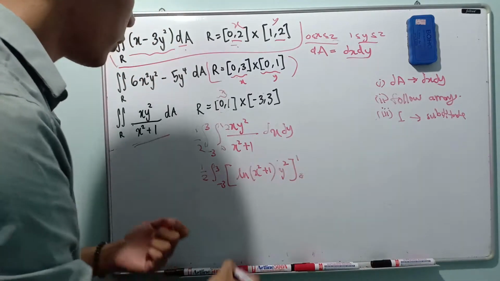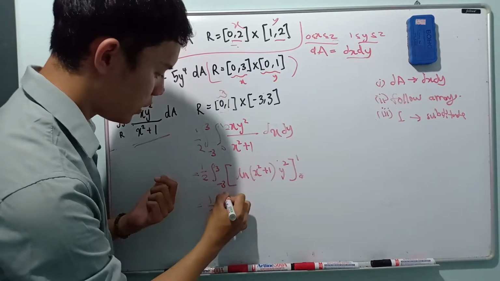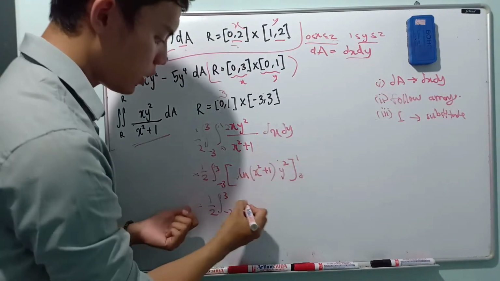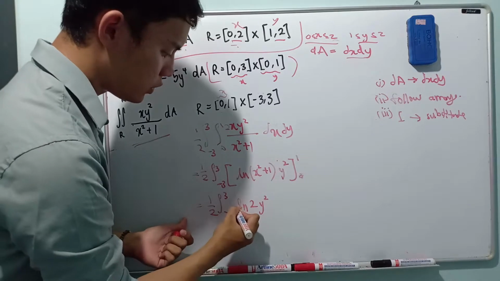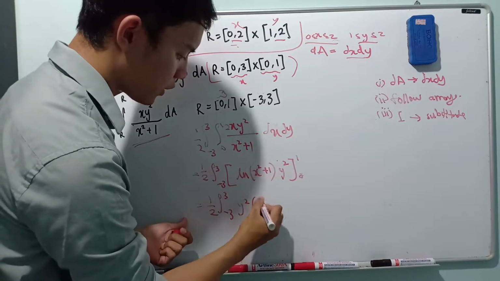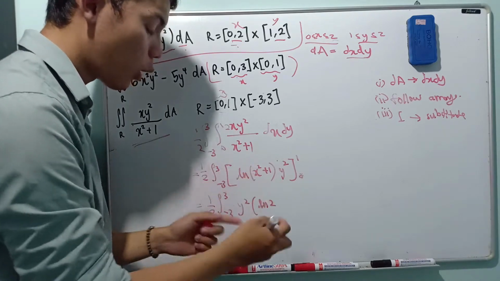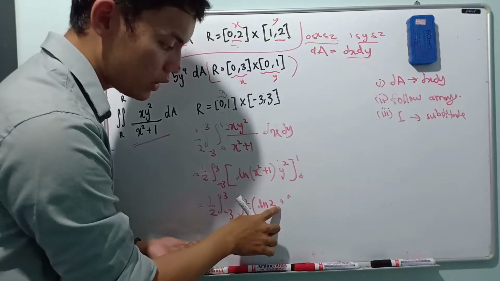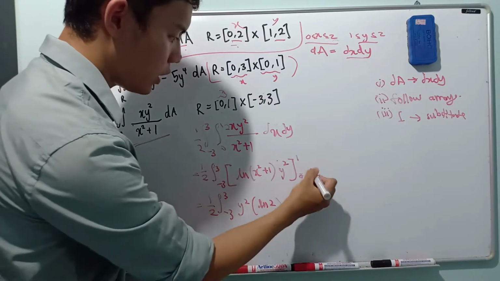Then I substitute: ln of 1 squared plus 1 is ln 2, times y squared. Then ln of 0 squared plus 1 is ln 1, and you know ln 1 is 0, so I won't write it. Actually here it is minus, sorry guys. So it's going to be like this, with respect to dy after that.